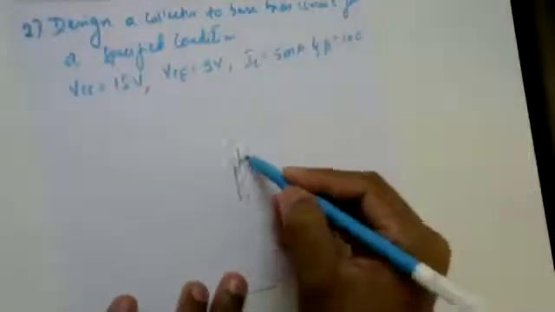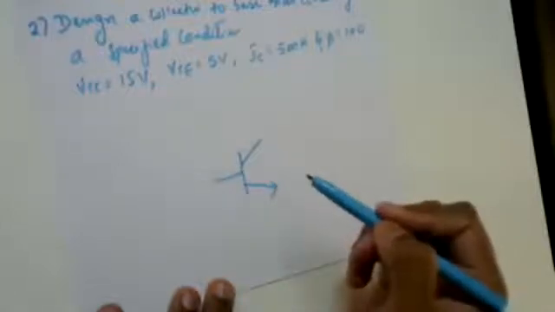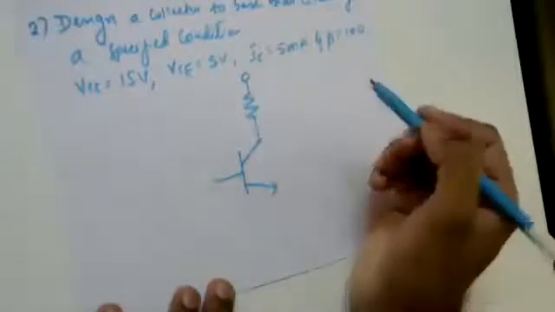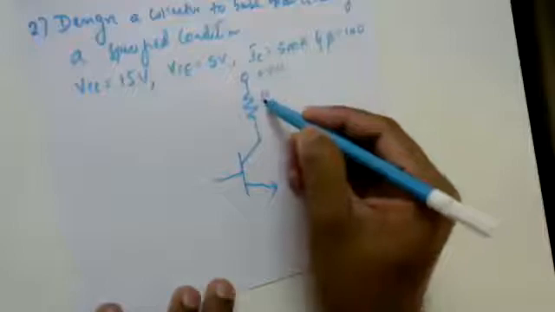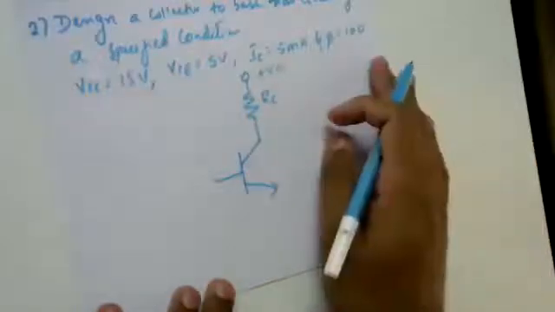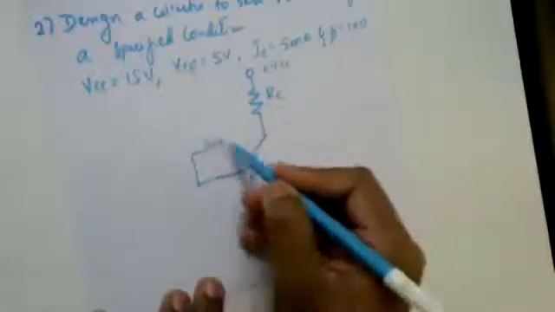In case of the base bias circuit, this is our NPN transistor. This is the base, collector and emitter. We will be having plus VCC, this is our RC. Then I'll be having a feedback path, so this is the resistance RB.